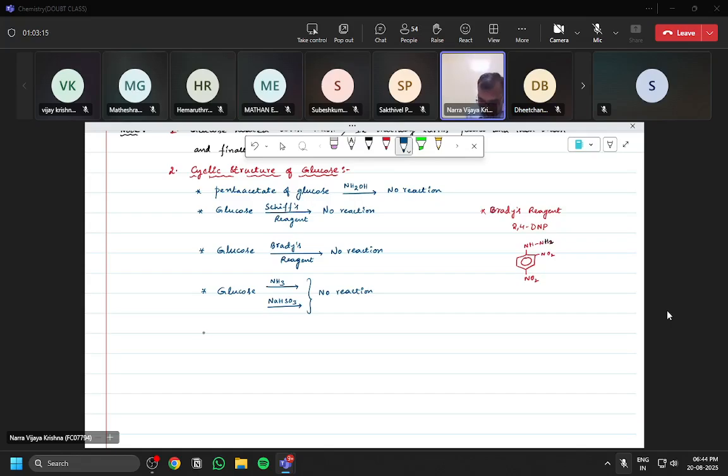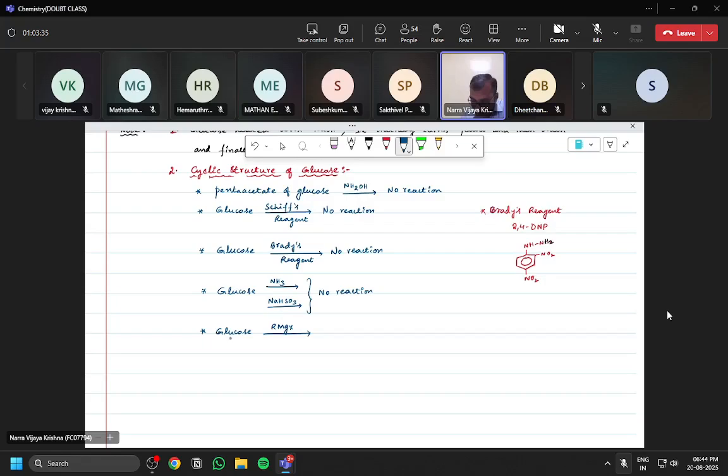In the same way, one more reaction: glucose with the Grignard reagent, RMgX. If you have either an aldehyde or keto group, RMgX should attack to form a higher carbon chain.